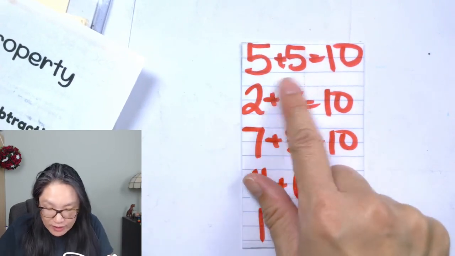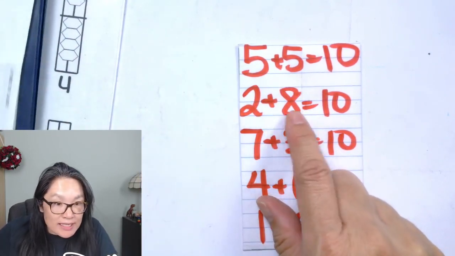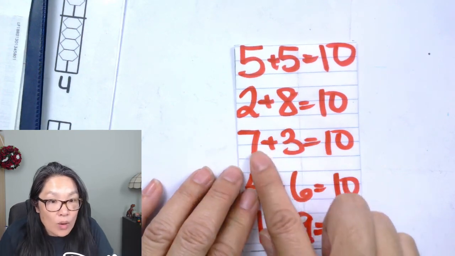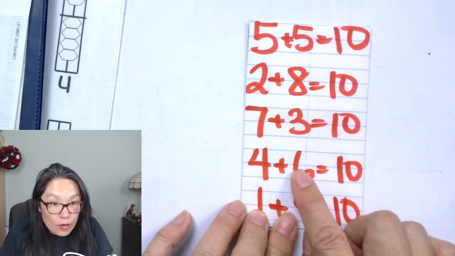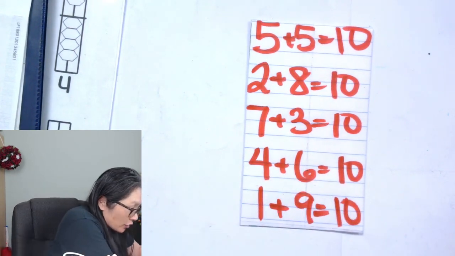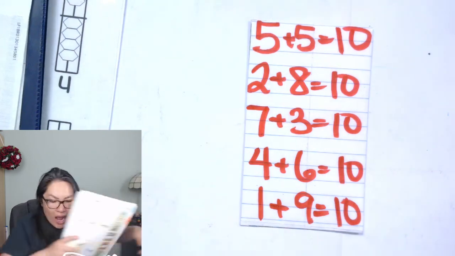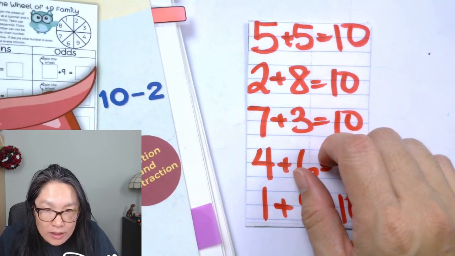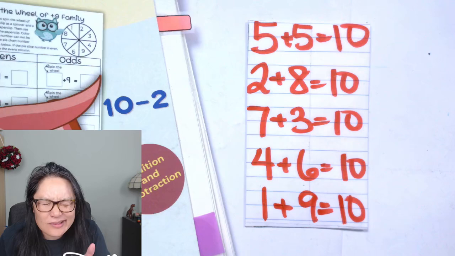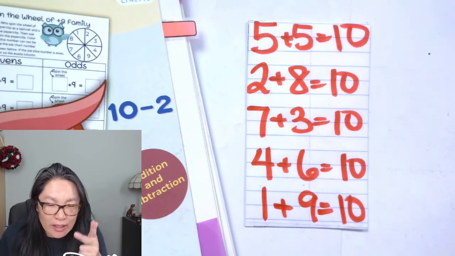I want to do 5 plus 5 is a pair, right? 2 plus 8 is a pair. Thank you for the hearts. 3 plus 7 is a pair. 4 plus 6 is a pair. So now we're going to work with the 10. This is another version of carrying the 1, borrowing, trading, grouping, and regrouping.